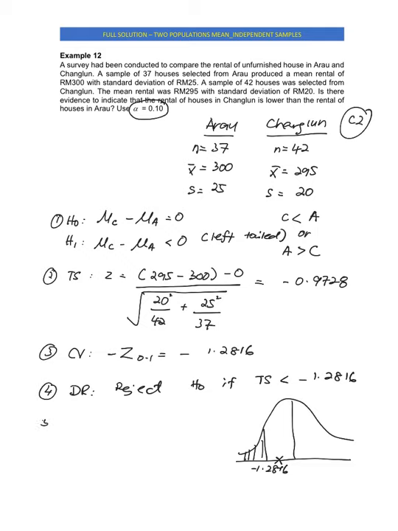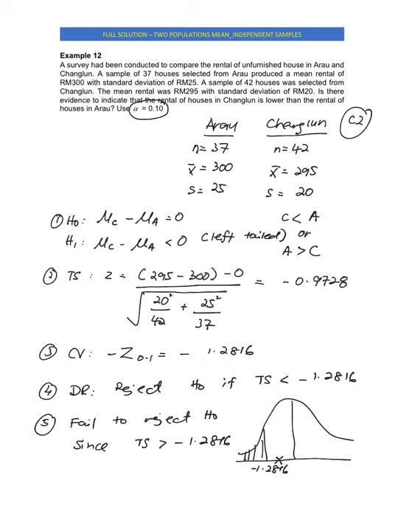So what is our decision? Fail to reject H0, since test statistic greater than negative 1.2816. So what is the conclusion?